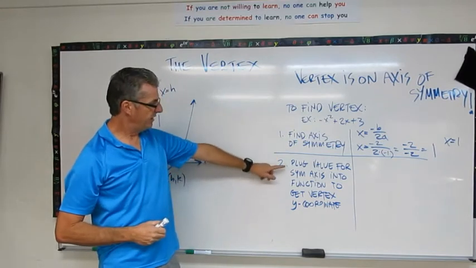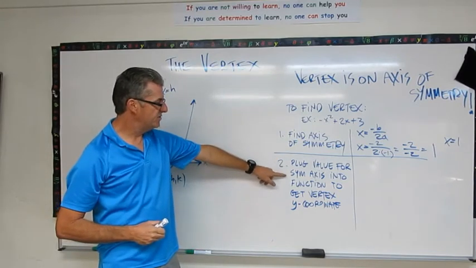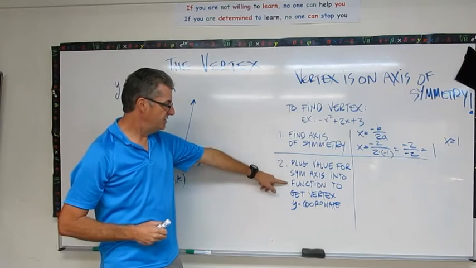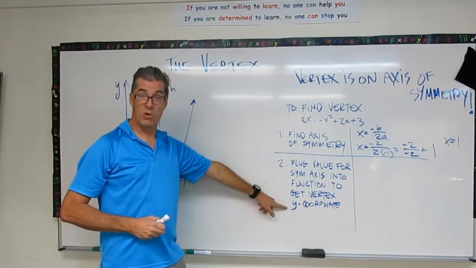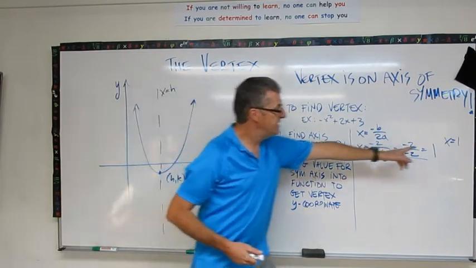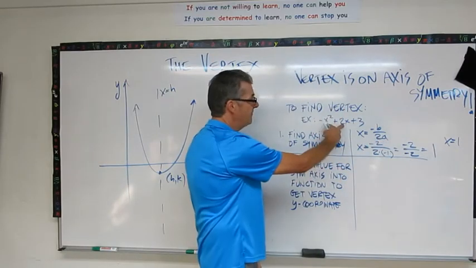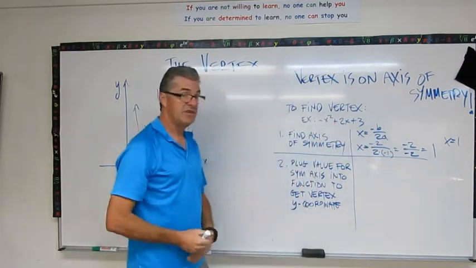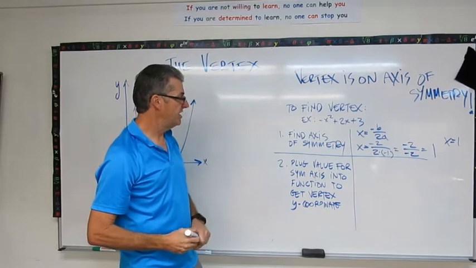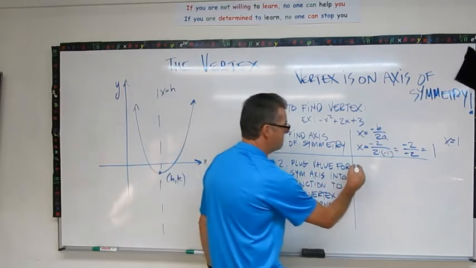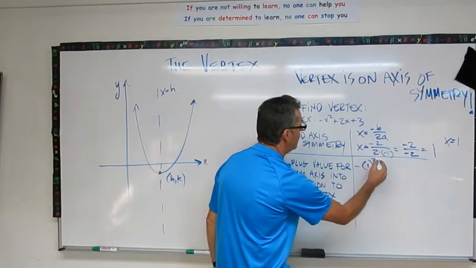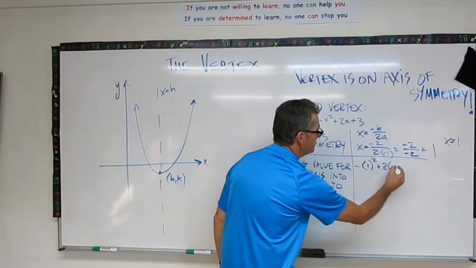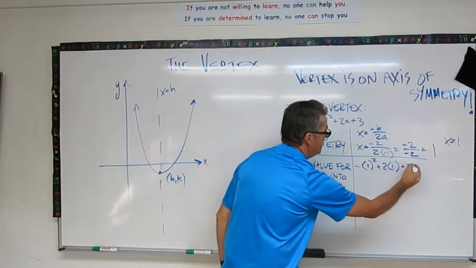Now, read this carefully. Plug value for symmetry axis into function to get vertex y coordinate. So what we do is we take this value, we plug it in for x in the function, and that's going to give us the y coordinate of the vertex. So let's do that. This is minus 1 squared plus 2 times 1 plus 3.